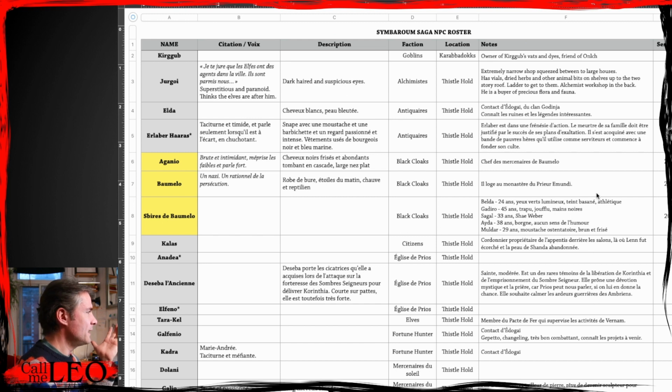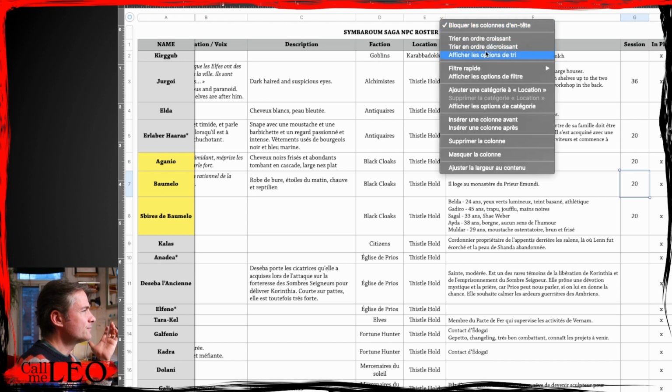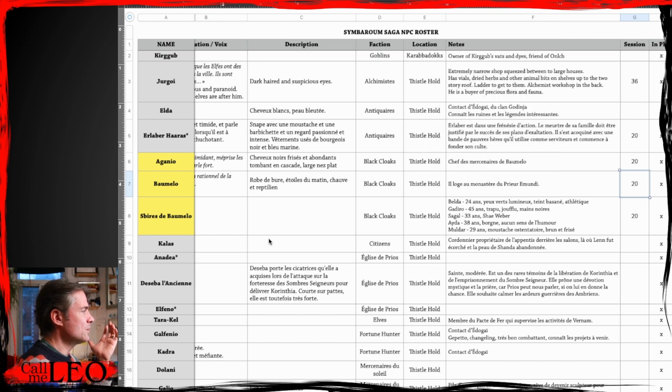What I added at the end, on the right here, is at which session this character appears for the first time, and I put "in play with X" just because I can sort here. You can't see it, but you can sort any column, and that will sort everything.